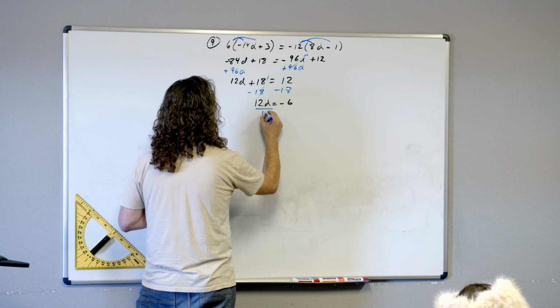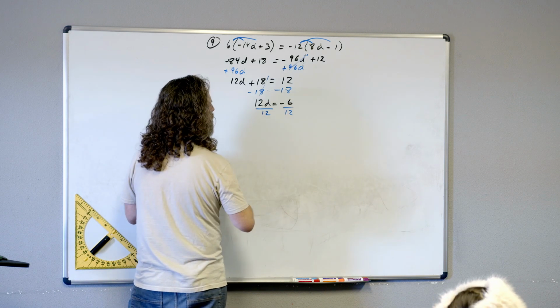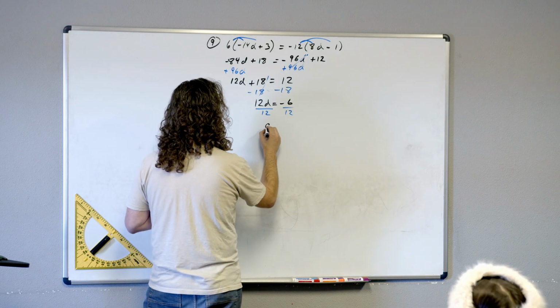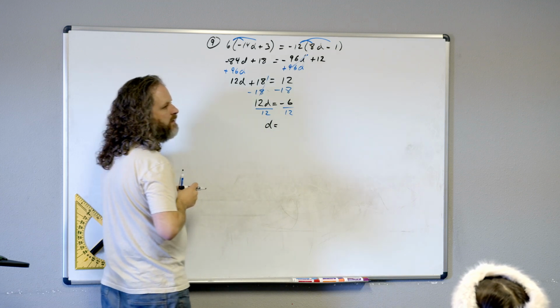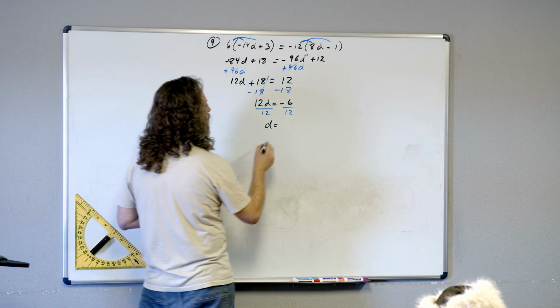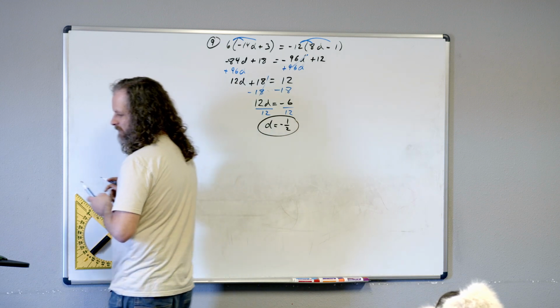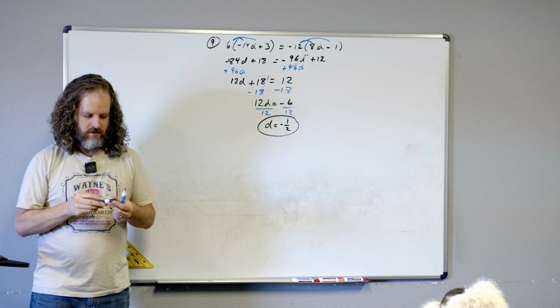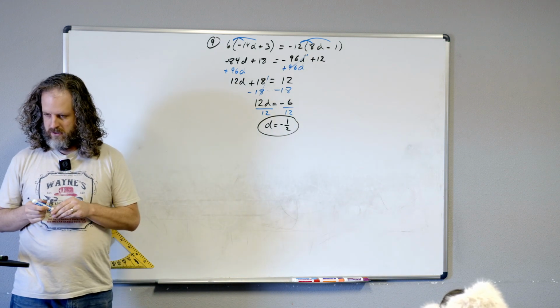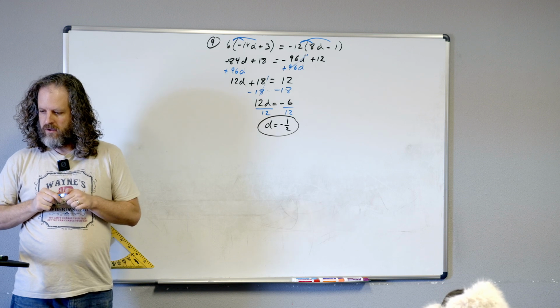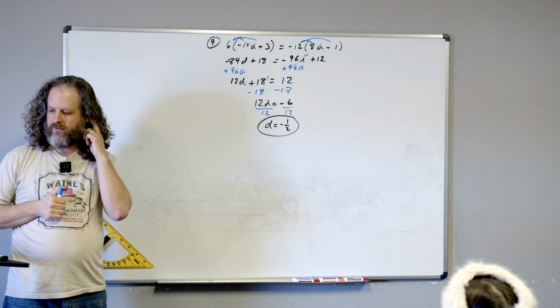Divide the 12 off. So d equals what? Negative 1/2. No, I mean 1/2. You reduced from?